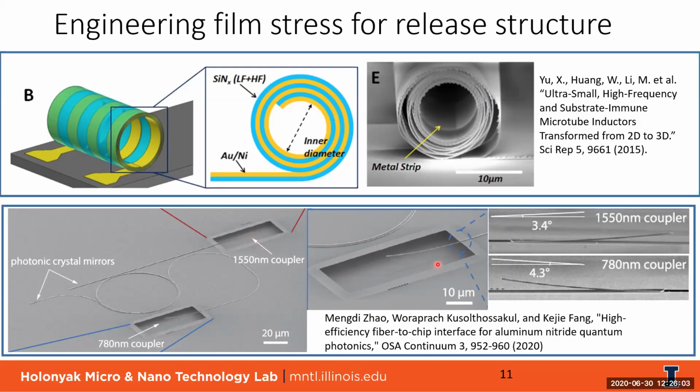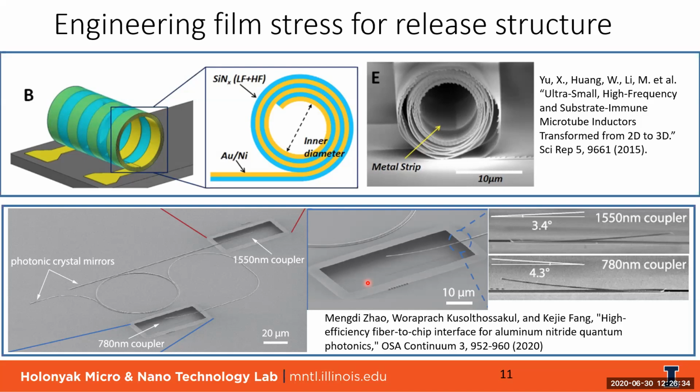Again, they have to make sure they use the right film stress when they release the material. They want their coupler to tilt a certain way, at a certain angle. So the point here is that whether you want to reduce the film stress or take advantage of it, it is an important parameter to be able to measure in the process.